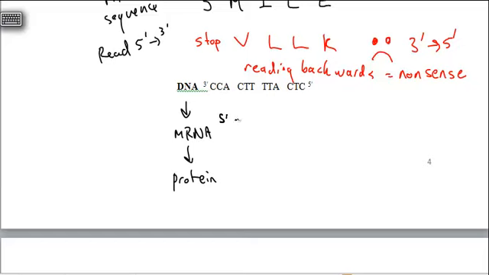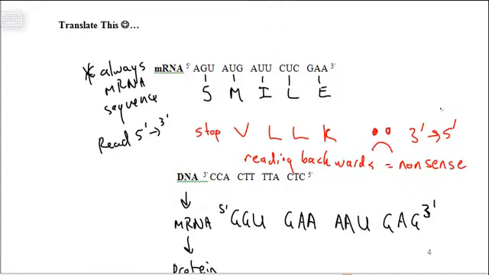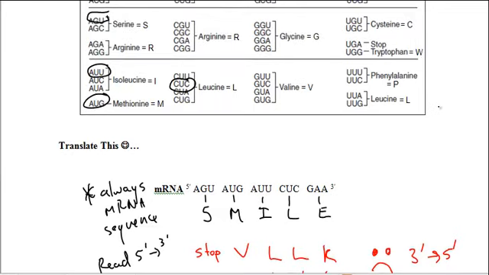So you're going to go G, G, A pairs with a U, C with a G, T with A, careful, it's mRNA, not DNA, so you need the U, not the T. G, A, G, 3'.